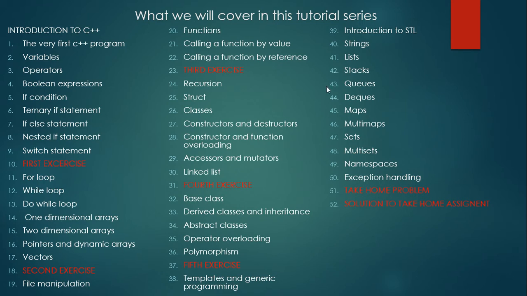So this might change, it might grow, I don't know. I just wrote this list out. If I find some information that new programmers will need to know, I will just add that. But for now, this is what we'll be looking at.